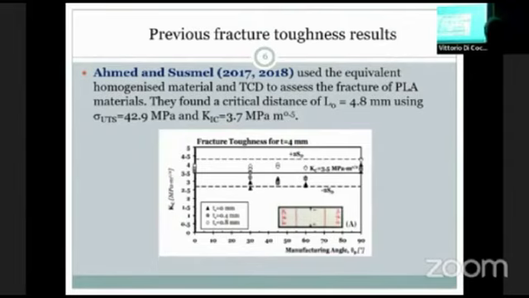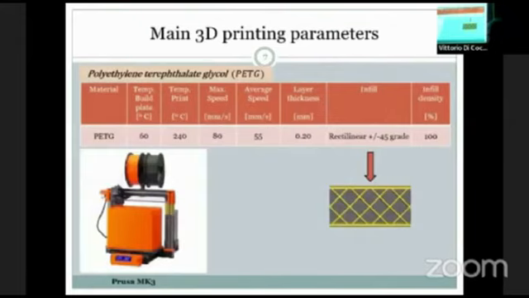He used an equivalent homogenized material with the theory of critical distance for PLA, and having the ultimate tensile strength and the fracture toughness of PLA, he estimated a critical distance of 4.8 millimeters, and this was applied after that to several geometries of notched and cracked specimens.